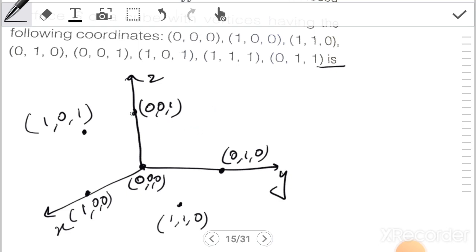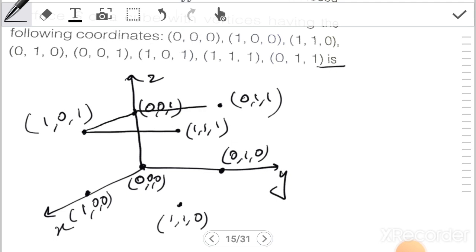It must be somewhere here. And 0, 1, 1. Let us join these points.